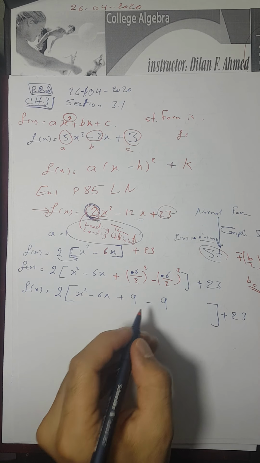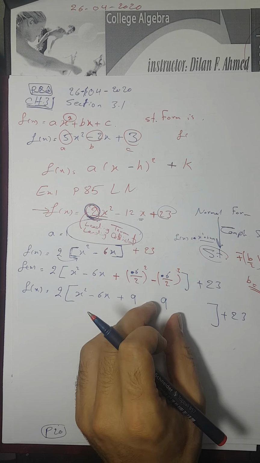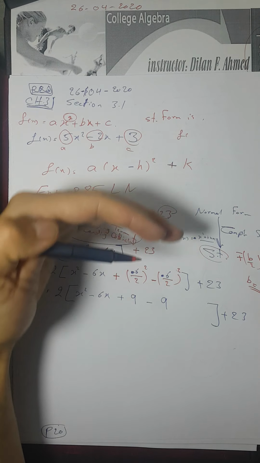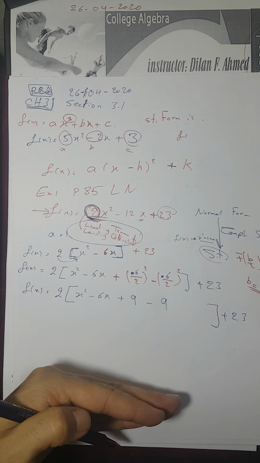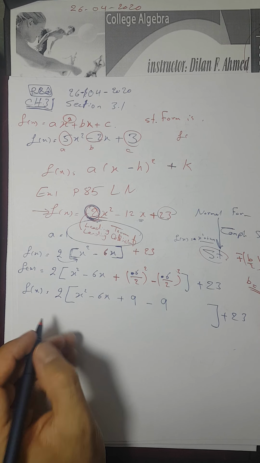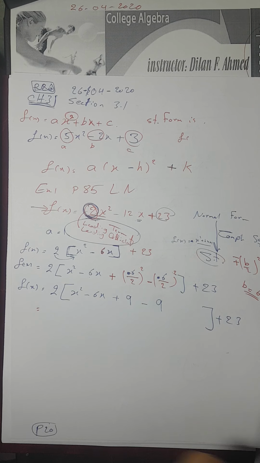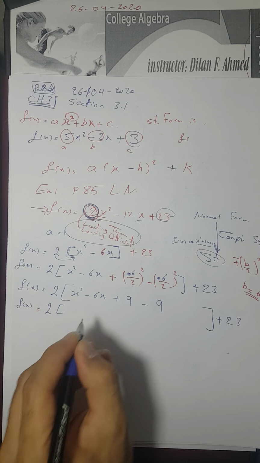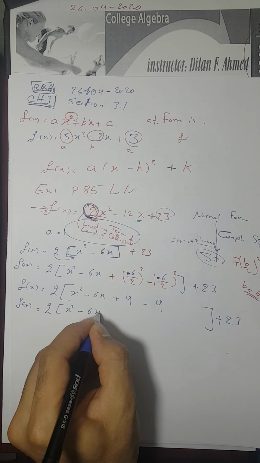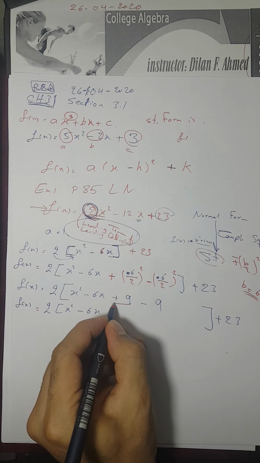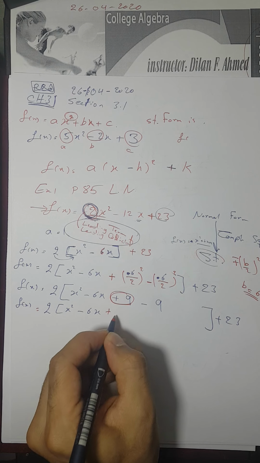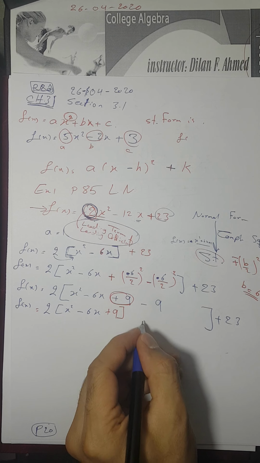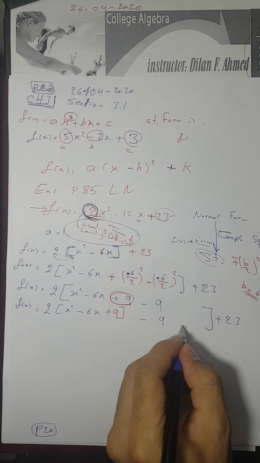Please do not cancel this 9 with that 9, because if you do it like that, you will get the normal form. No, our plan is to get the standard form. So we say f of x is equal to, please look at this step carefully, x squared minus 6x plus 9 in our bracket, and we make minus 9 go outside, and we have 23.